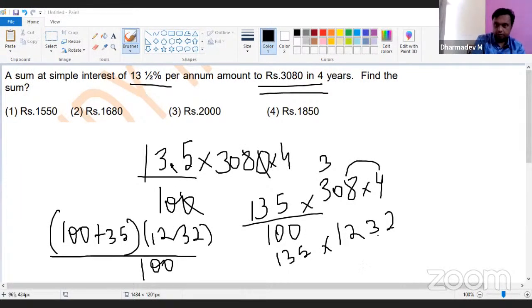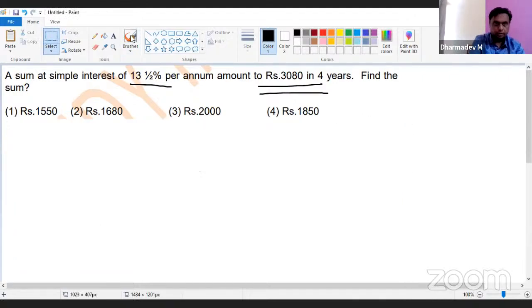Let's find the sum. It's 13.5% per annum simple interest, and the sum amounts to 3080 in 4 years. So 3080 for 4 years.